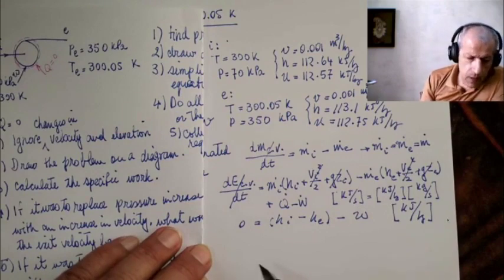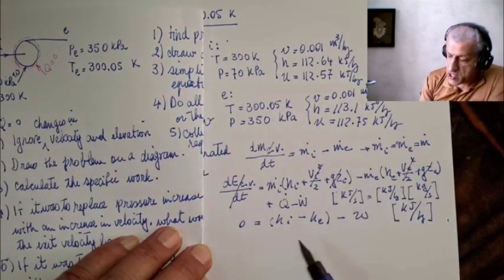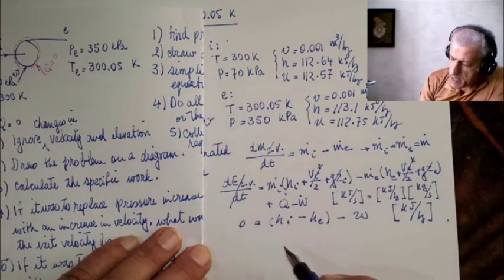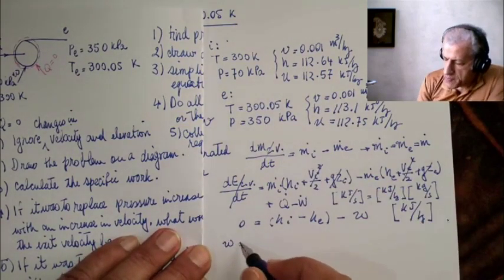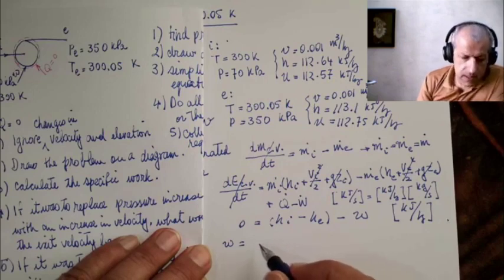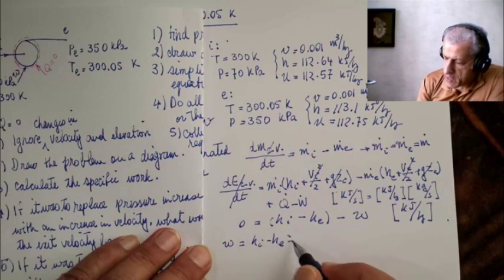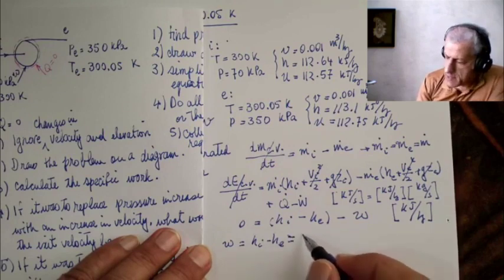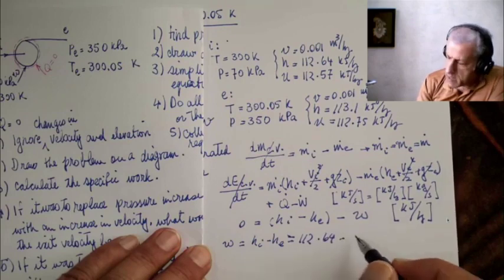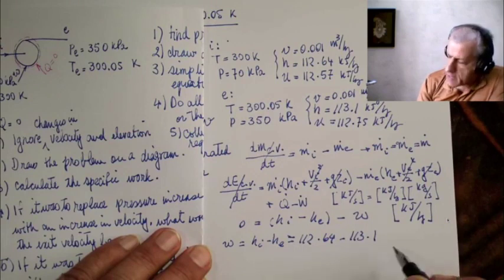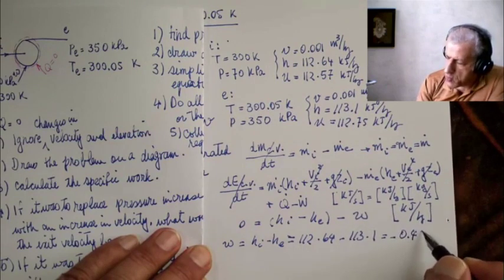Now, we have, of course, h_i and h_e, so we may just write w. Specific work is h_i minus h_e, and that equals 112.64 minus 113.1, and that would equal minus 0.46.